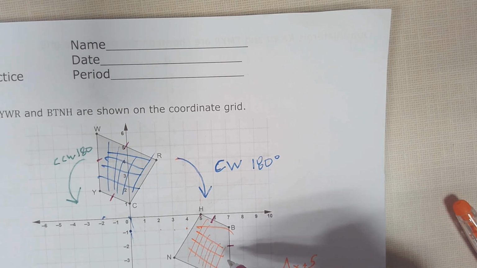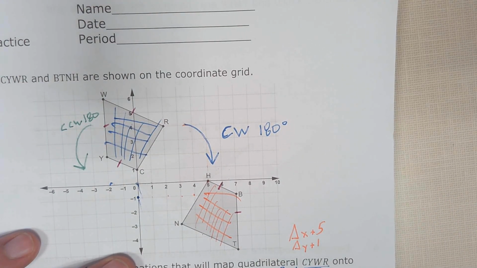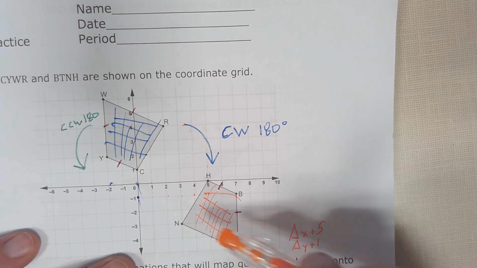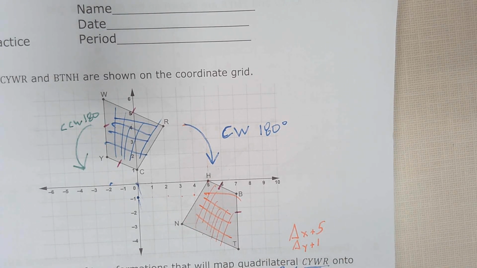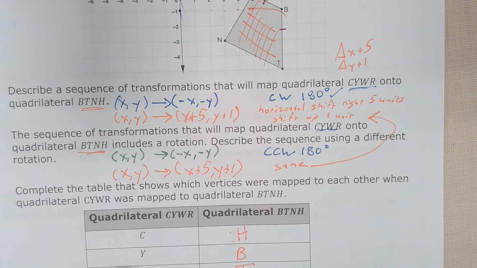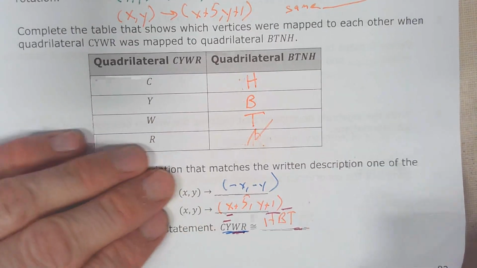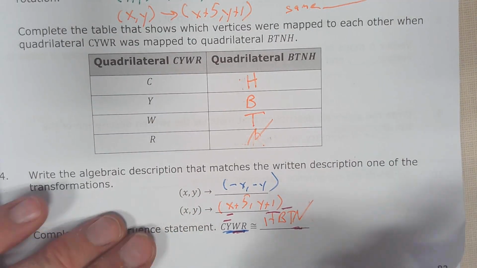TR, where's TR? Oh, wow, I made a mistake. That should be N. I can't believe I didn't catch that. That should be N. TN.